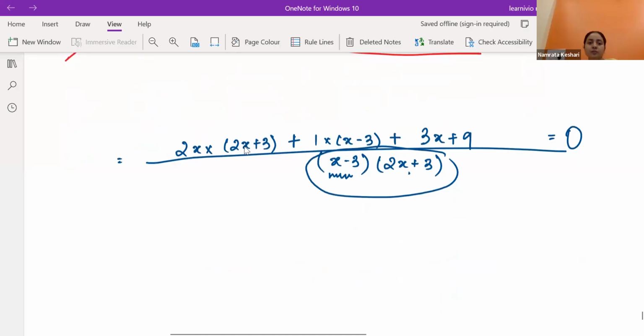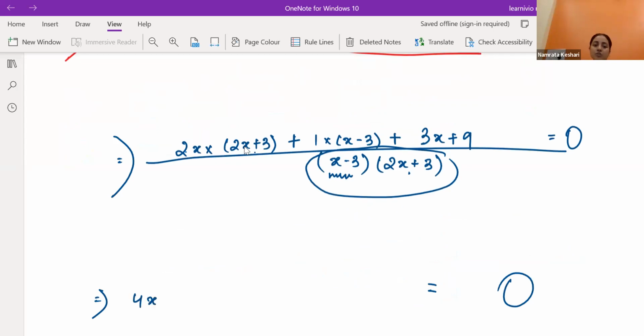Now let's continue. Here what we do is shift the denominator's term to the other side. When we do so, we realize that the denominator will get multiplied with 0 on the other side and it will become just 0. Yeah, it will cancel out. On the left hand side, we'll have 2x multiplied with 2x plus 3.